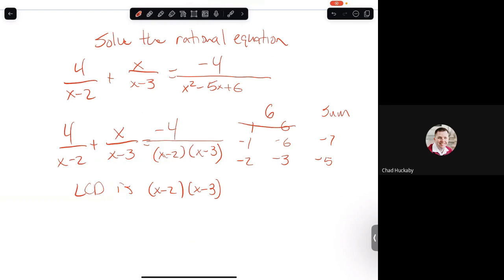So if we multiply both sides of the equation by that value, let's go ahead and write that out.